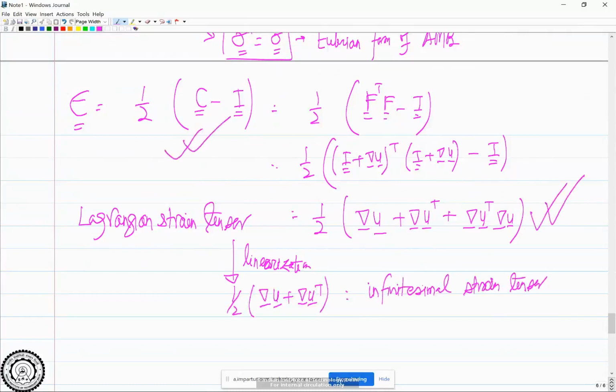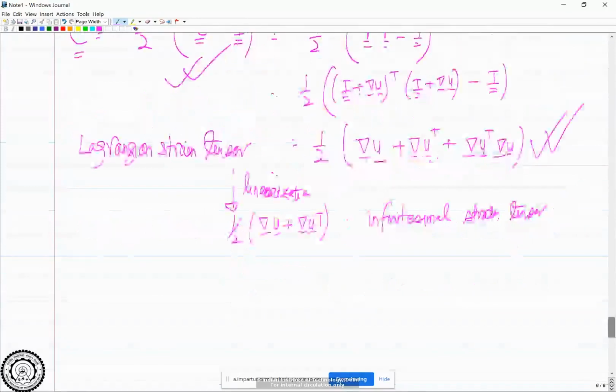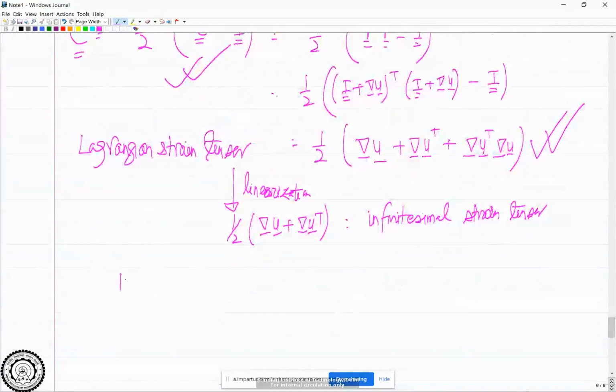There is a counterpart, the Eulerian strain tensor, which is defined as half of I minus B inverse, where B is FF transpose. Instead of F transpose F, it is FF transpose.